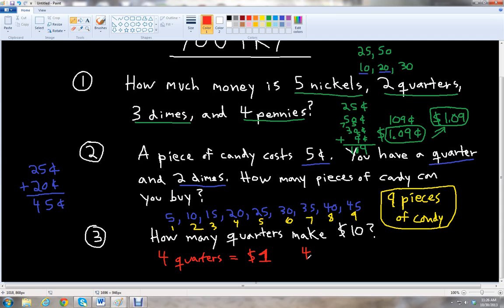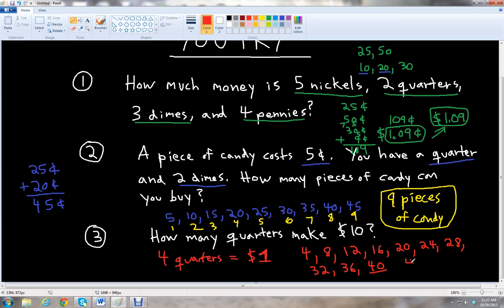So we know $1, 4 quarters, $2 would be 8 quarters, $3 would be 12 quarters, $4 would be 16 quarters, $5 would be 20 quarters, $6 would be 24 quarters, $7 would be 28 quarters, $8 32 quarters, $9 36 quarters, and $10 would be 40 quarters.